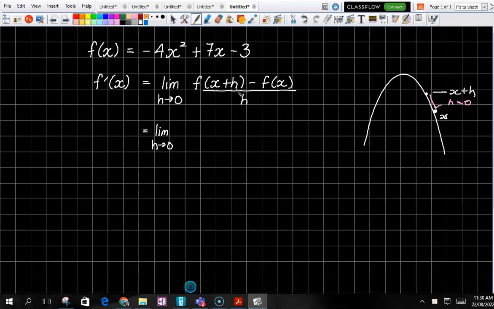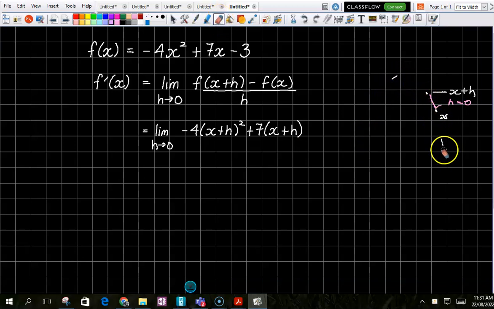So we write minus 4, but instead of x squared, it is x plus h squared. That's not difficult. Instead of 7x, it's 7 times x plus h. Those of you who did the homework and have this under control, you can either stick with us or you can look at all of the results that we've had so far and maybe make a table and see if you can find a shortcut.